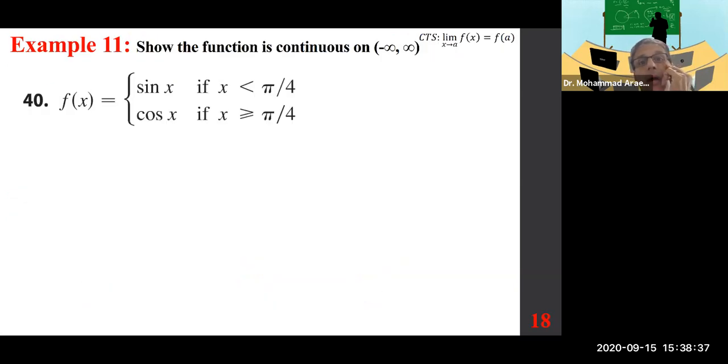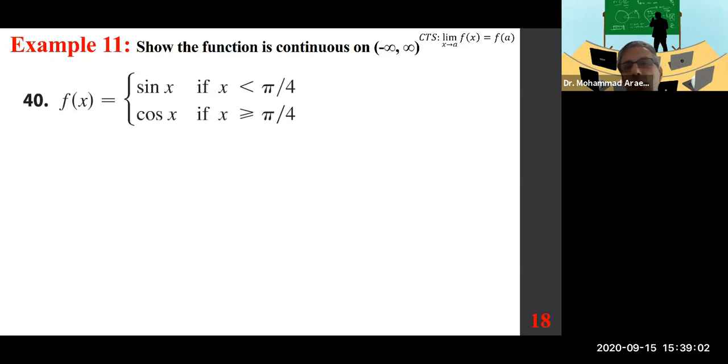We want to show that this function is continuous from negative to positive infinity. Class, this is a piecewise defined function. F of x equals sine x if x is less than pi over 4, and it's cosine x if x is larger than or equal to pi over 4.